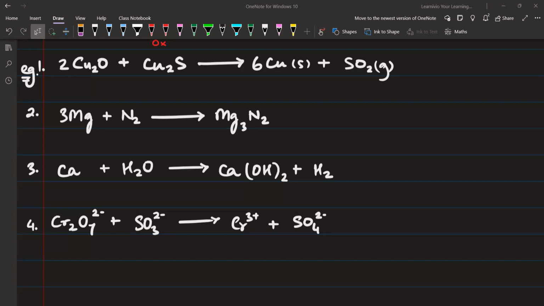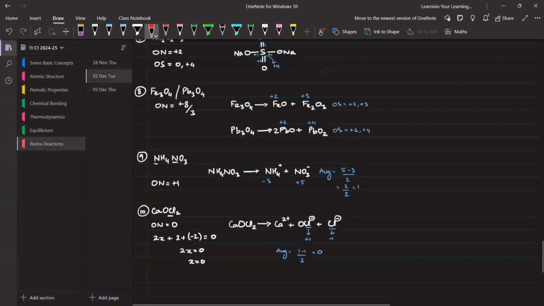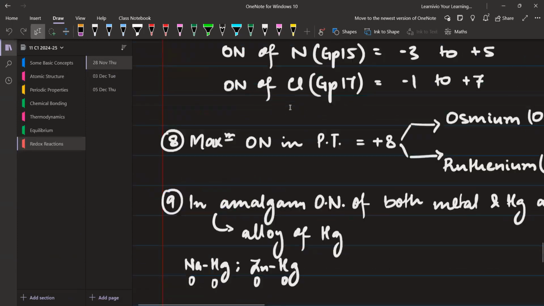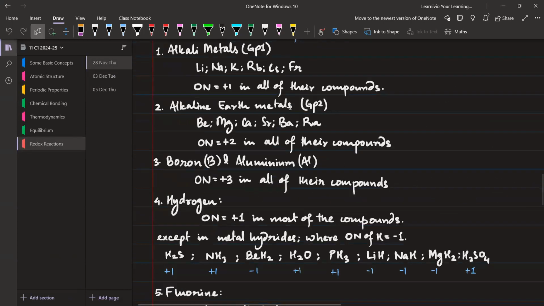Can you say how to do the second one? What will be the oxidation state of Mg? Mg is in free state now.